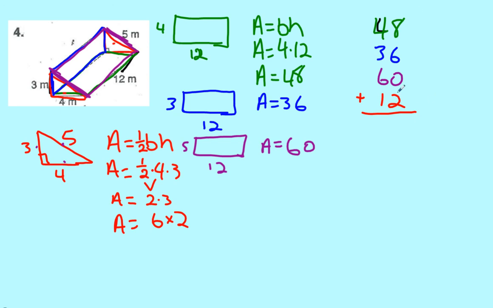We add all this up. So it should be, assuming I added correctly, 156 square meters. And that's it. So you could have added it up in a different order as well, but you should all come up with this same answer.